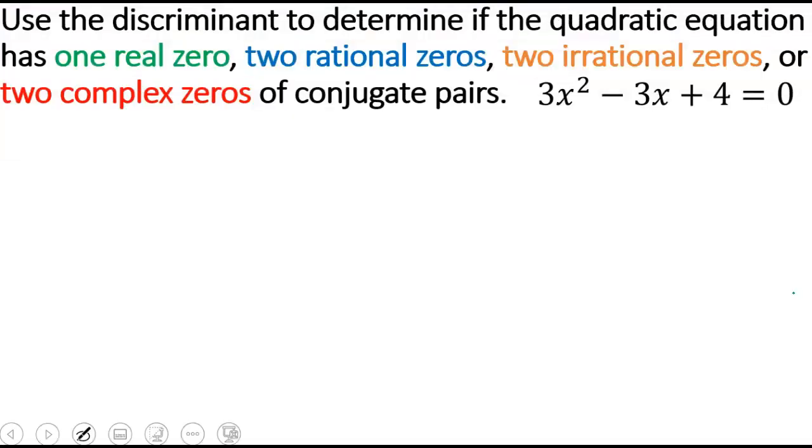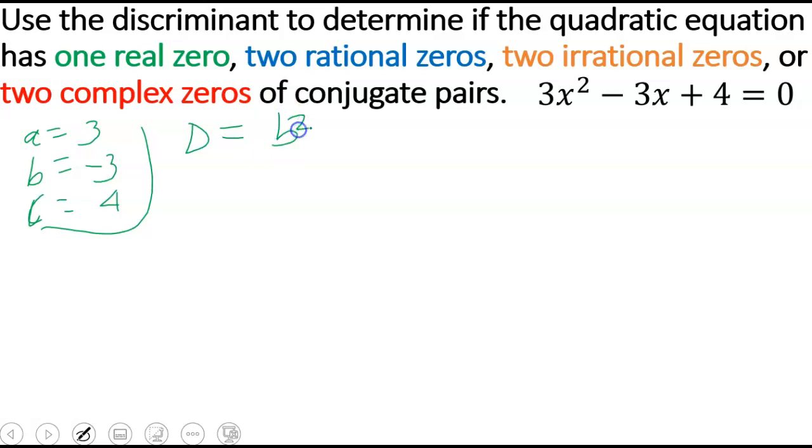Okay, how about this one? A is 3, B is -3, and C is 4. So the discriminant equals B squared minus 4AC. So B is -3 squared minus 4, A is 3, C is 4.